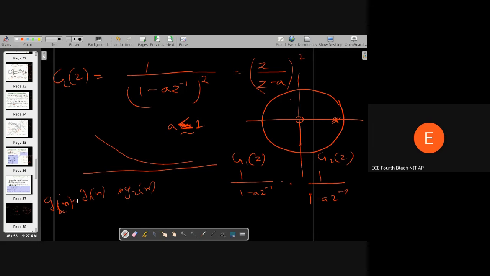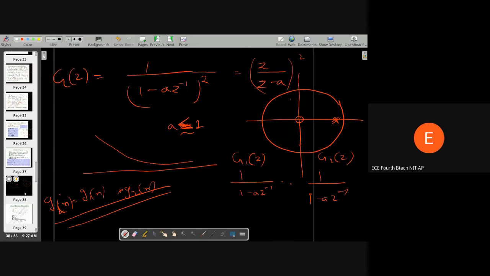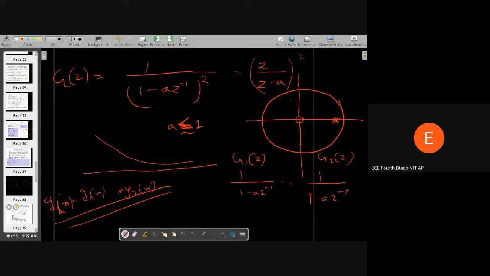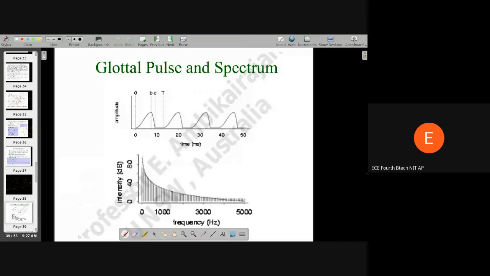And if you look at this signal, you will find that it comes out to be almost like this. It comes out to be like this shape.